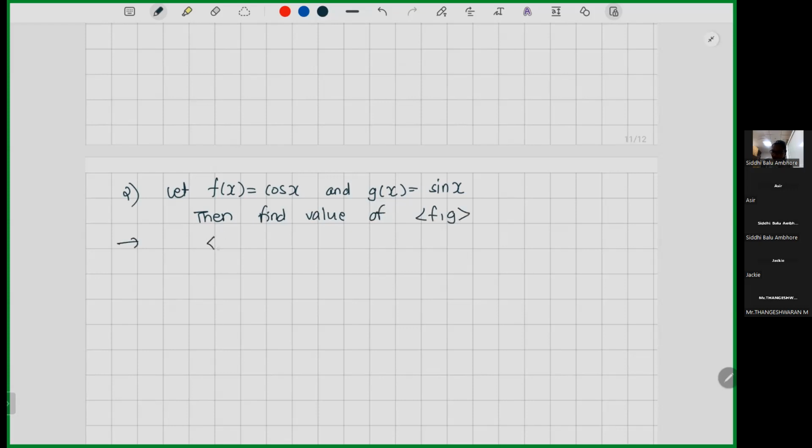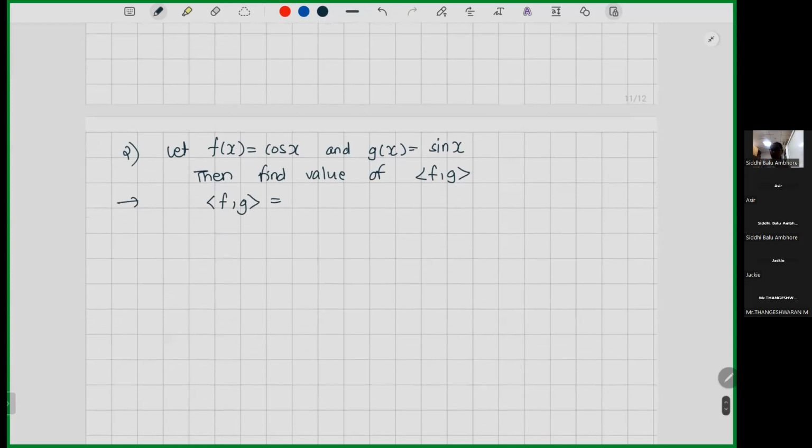Now we have to do this integration. No identity can play a role here, because we already have f(x) and g(x) given. So it will be 1 by pi, integral from 0 to 2 pi of cos x sin x dx.